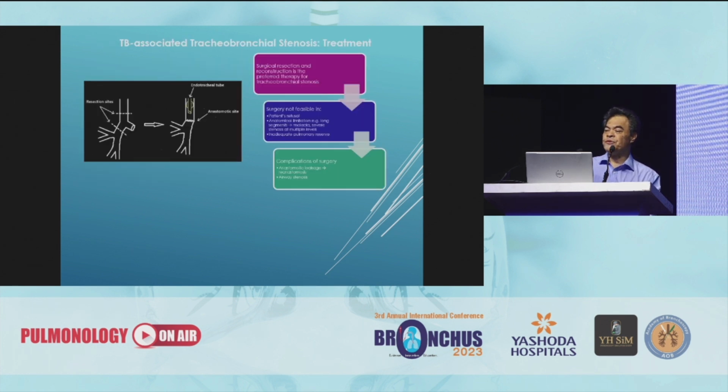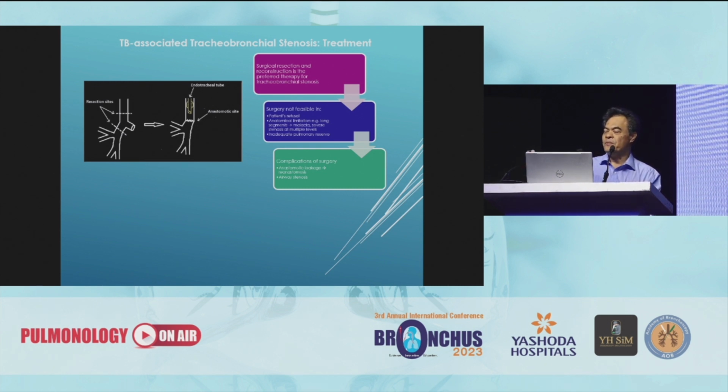And then straight away to the treatment, already mentioned by Dr. Titiwat. Ideally, of course, surgical resection and reconstruction is the preferred therapy for tracheobronchial stenosis. But in my experience, in the majority of cases, surgery is not feasible for various reasons, such as patient refusal and anatomical limitations, such as long segments, severe stenosis, multi-level stenosis, and inadequate pulmonary reserve.